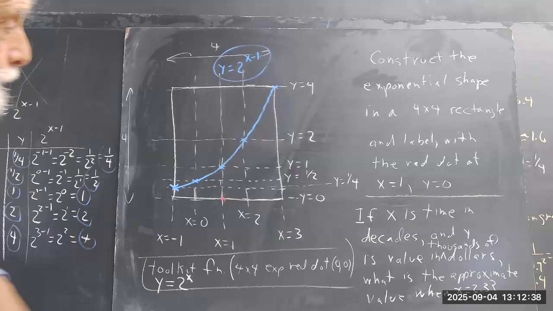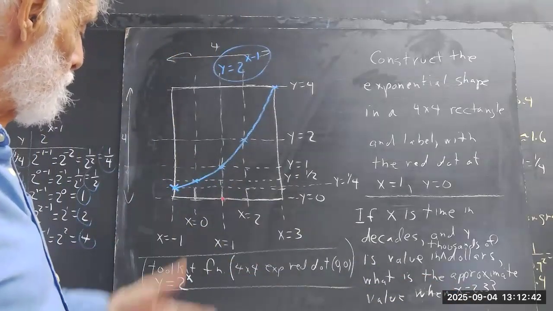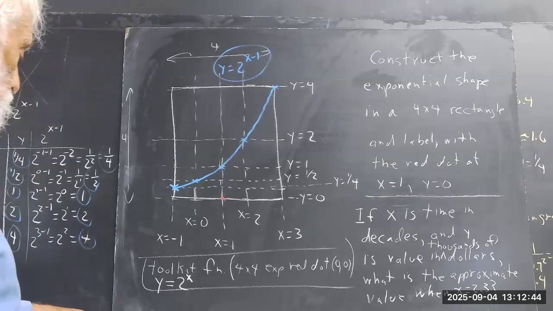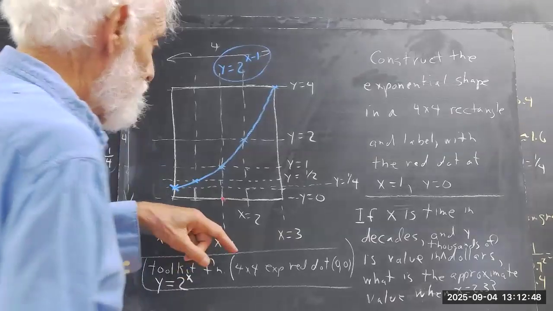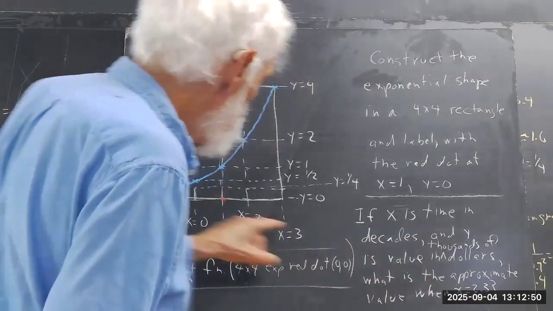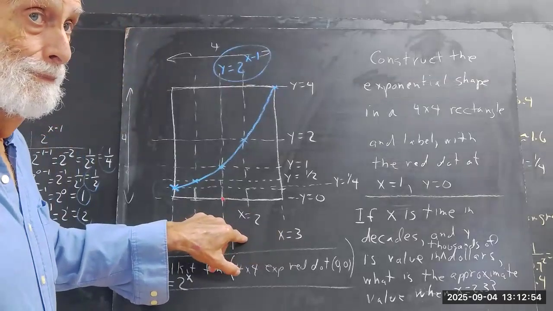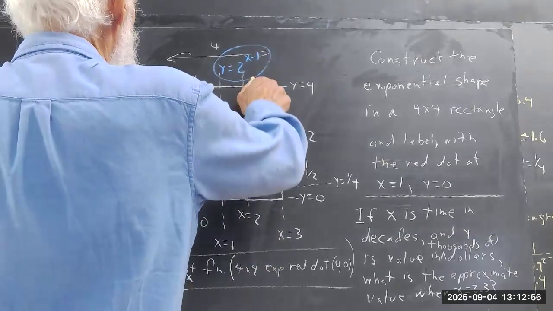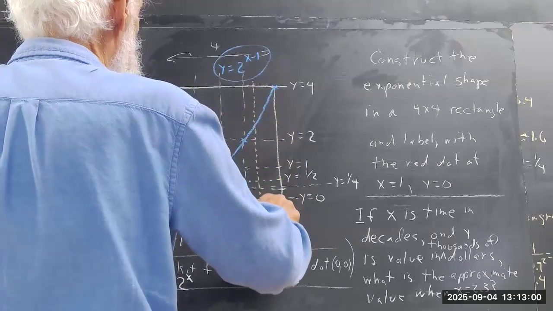So my question is, when x equals 2.3, what's the value of y? How are you going to do that? Well, I'll show you. Some of you figured it out. It means x is between 2 and 3 and closer to 2. Is that a reasonable line for x equals 2.3?